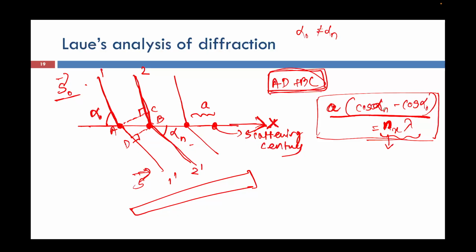Alpha n is the angle of scattering, alpha naught is the angle of incidence. So geometrically you will get A into cos alpha n minus cos alpha naught is equal to nx lambda, but this is one dimension.